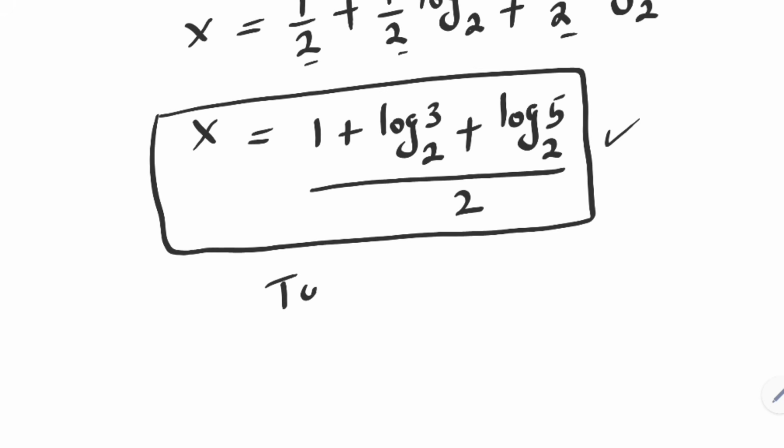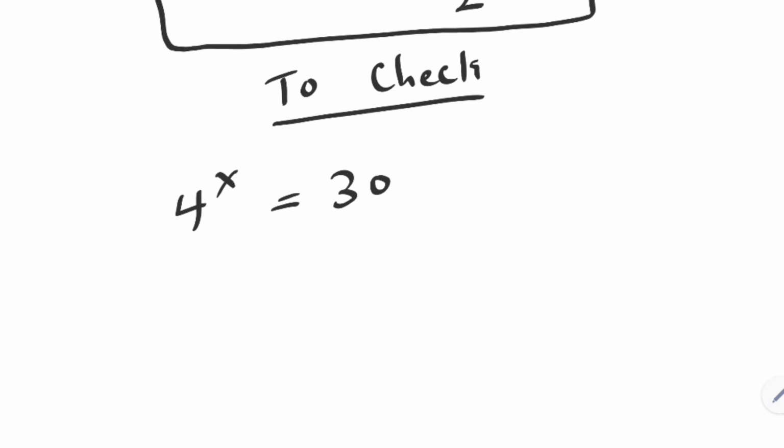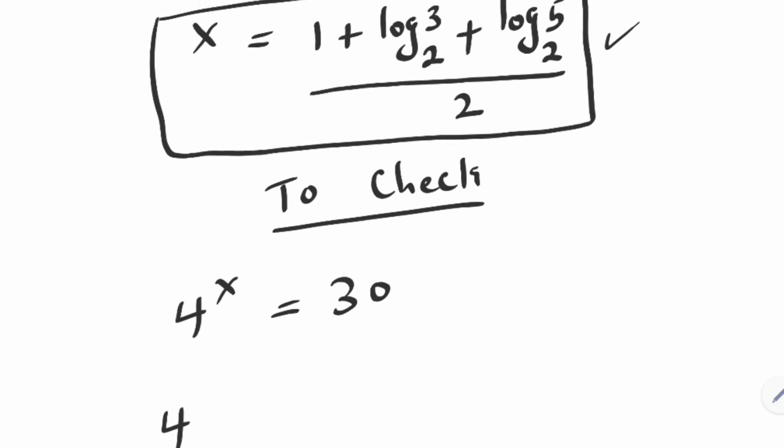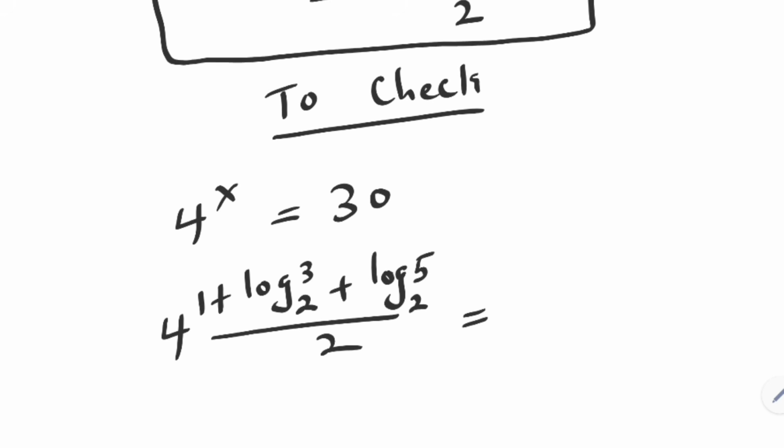To check, we have the given equation: 4 raised to power x is equal to 30, and this is 4 raised to power 1 plus log 3 base 2 plus log 5 base 2 all over 2 must be equal to 30.